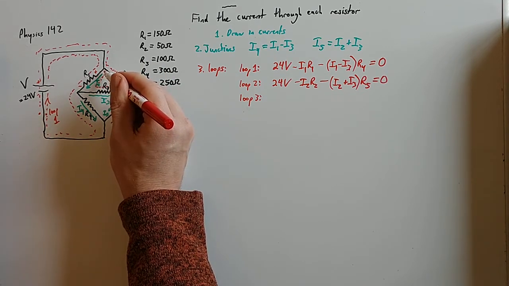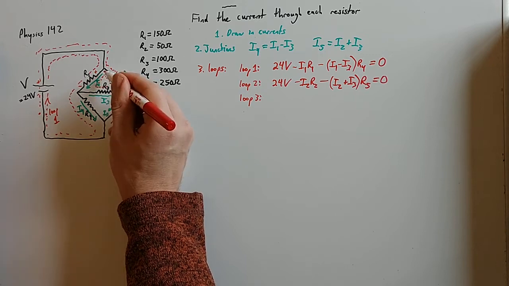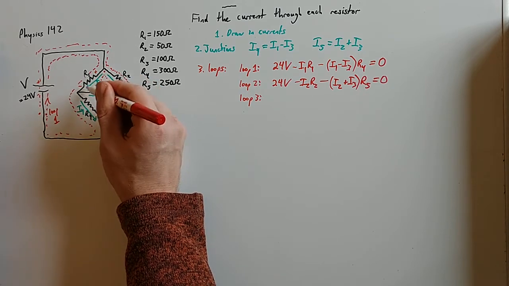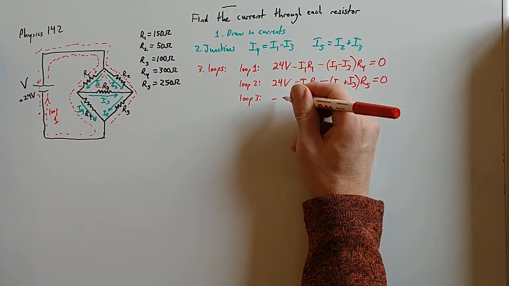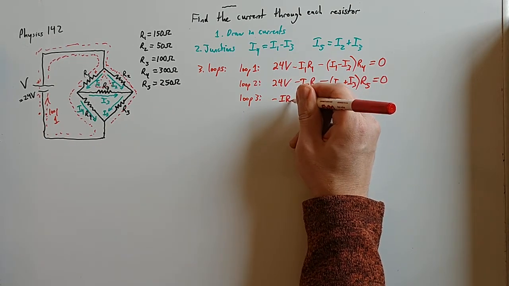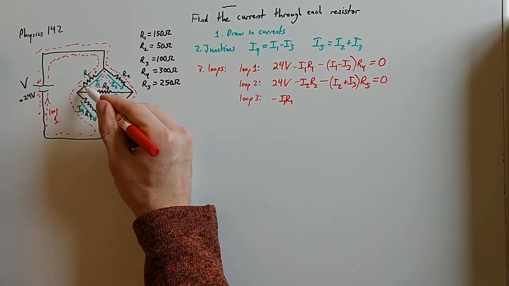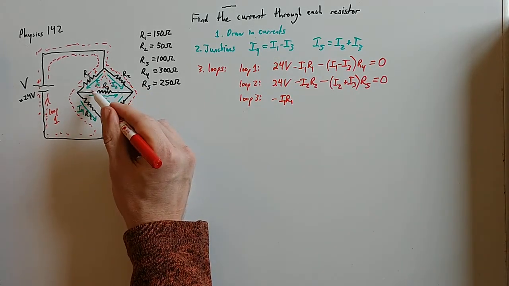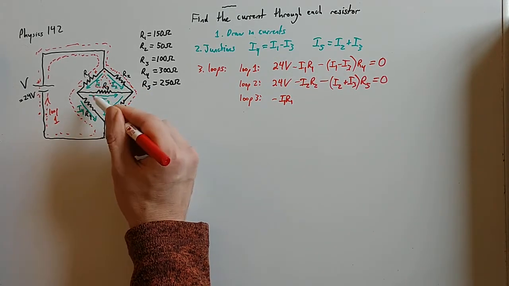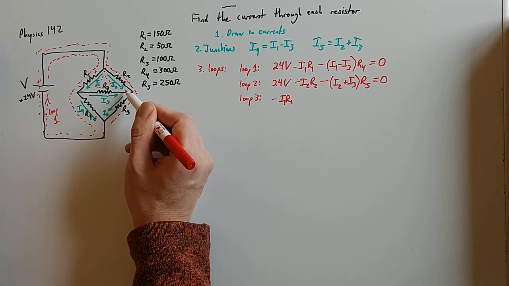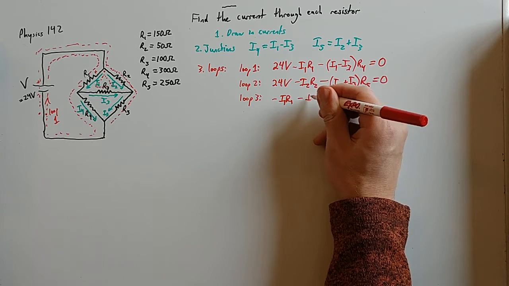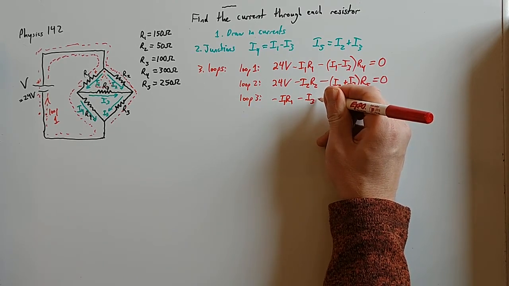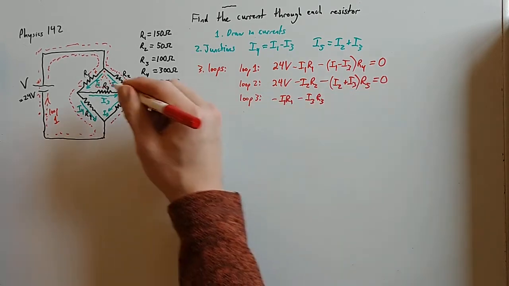If we start here, and we go across R1 with the current, then we're going to lose minus I1 times R1's worth of potential, going across that one. Now going along with the current through R3, when you go with the current through a resistor, you lose potential, so that's minus I3 times R3.